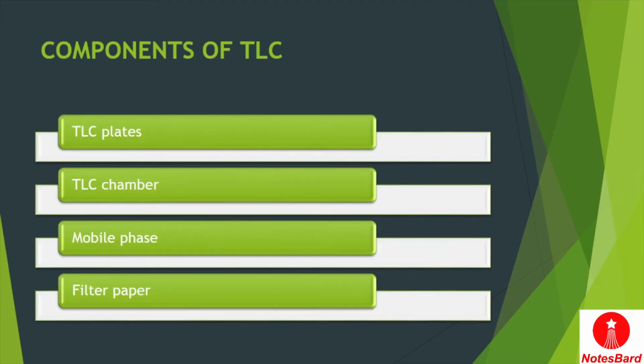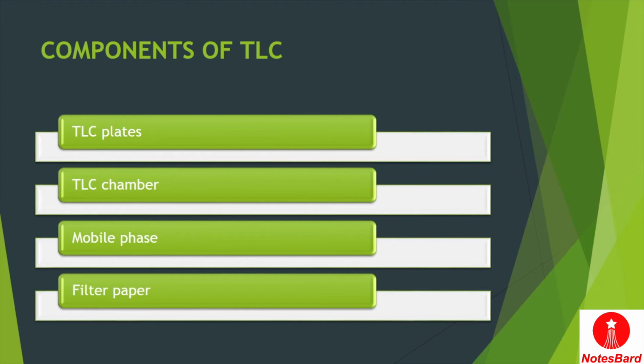Now let's discuss the components or instruments used in the process of thin layer chromatography. Basically, the method includes TLC plates, a TLC chamber, a mobile phase and a filter paper. The first component is the TLC plates, which are ready-made with a stationary phase, and these plates are stable and chemically inert so that they cannot react with the sample mixtures.